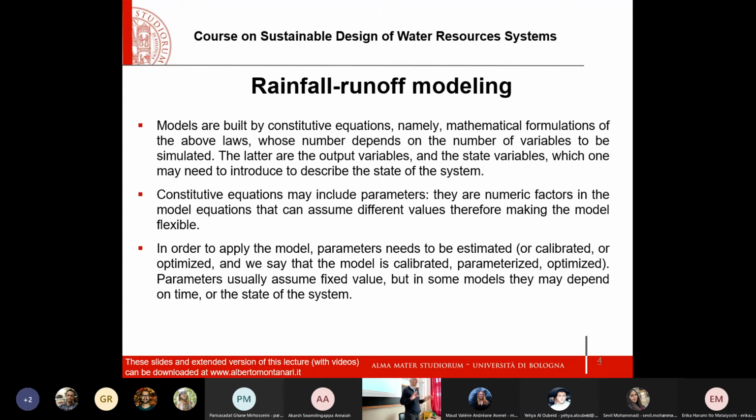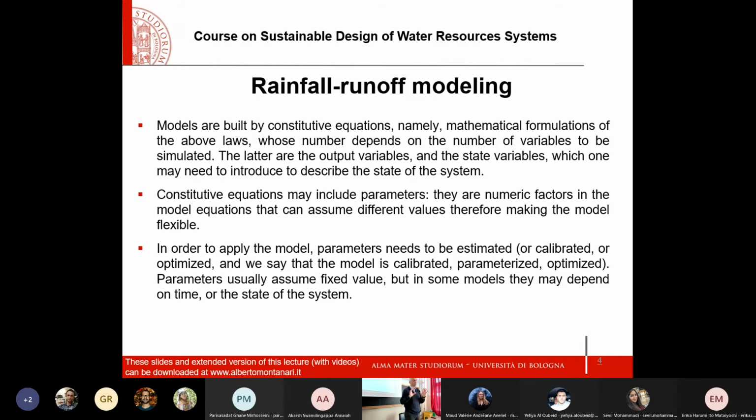I think I set the basis, and the basis is: let's identify our unknowns, let's identify the nature of the relationship, and let's adopt a parametric relationship. Then I just have to move a minor step forward, referring to some specific cases, and let's try to make some examples of models in order to describe their unknowns.